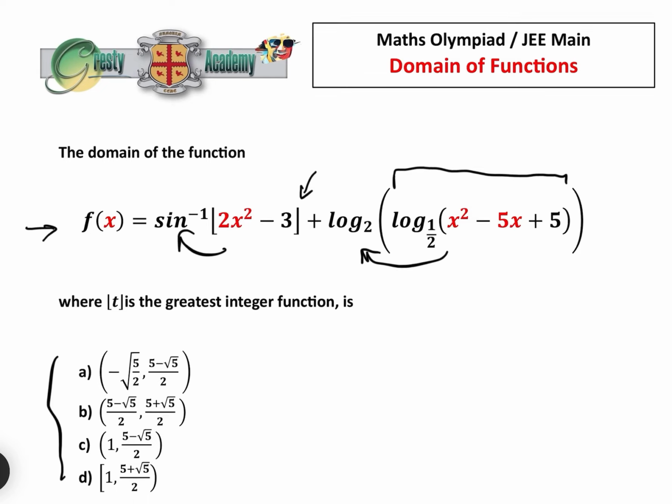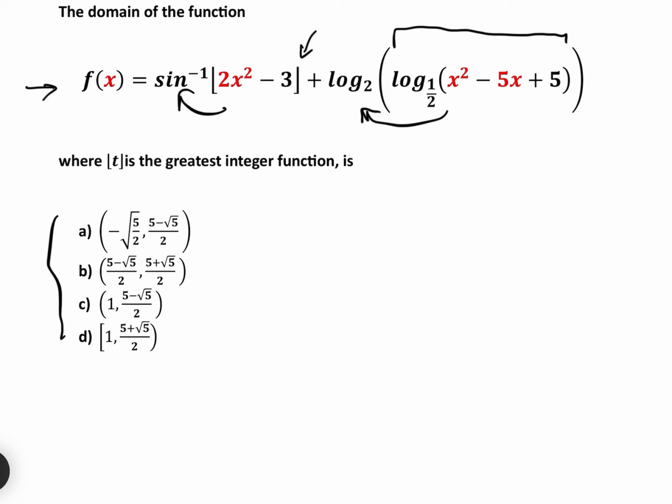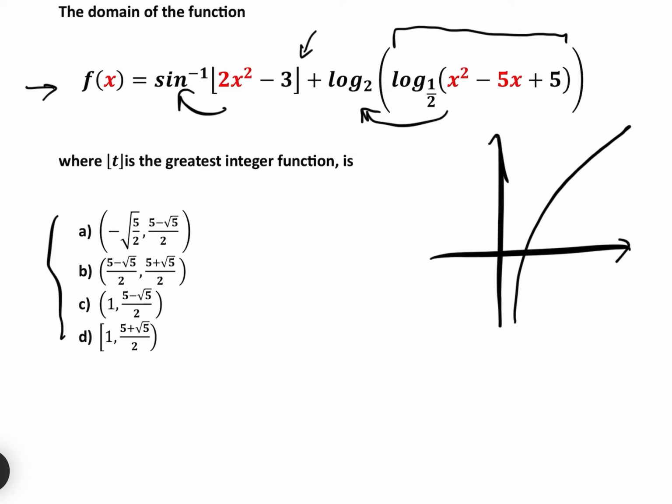Now, just having a quick look at a couple of graphs. Log to the base 2 looks like that, through the point 1, and it never equals 0 at the start. Log to the base half looks like that. It's actually the mirror of log to the base 2 in the x-axis.